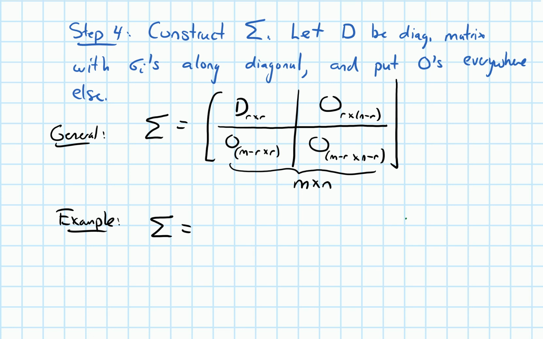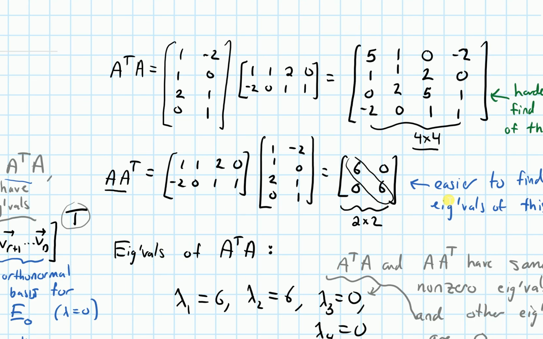Now, in our specific example, before we write down what sigma is, recall that sigma needs to have the same size as A. In our problem, what was the size of A? If I flip it back to the previous page, what was A's size?